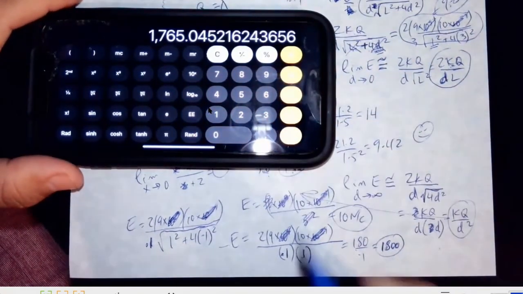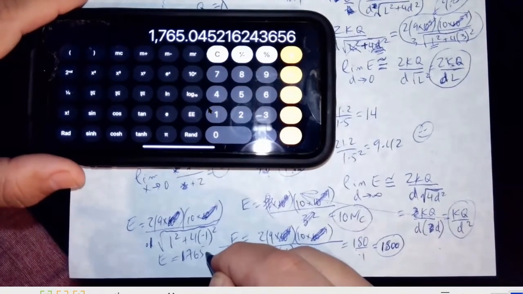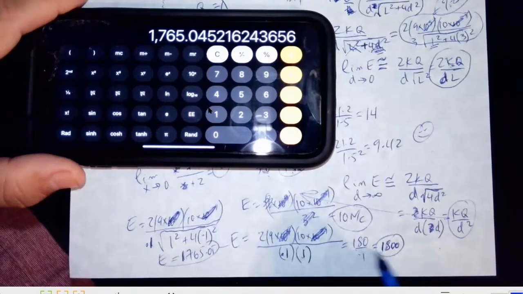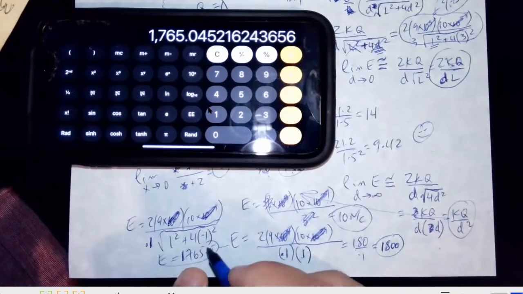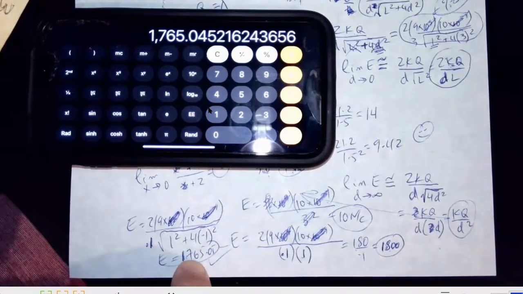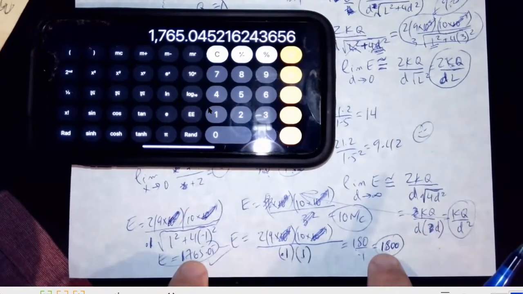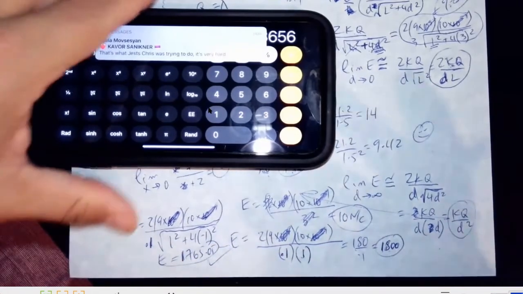Yep, 1765. So this is an approximation to that. This is the better one, of course. This is the more exact. You see, the approximation is close. It's not that close, but it is close.